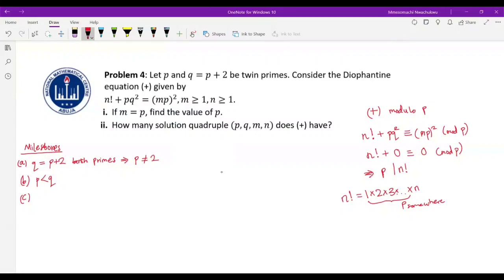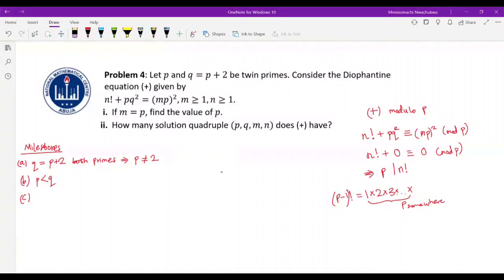Because if n were equal to p, we'd have p!, and the last term here will be p. But if n is less than p, let's say n equals p minus 1, so (p − 1)!, we can't find p anywhere.